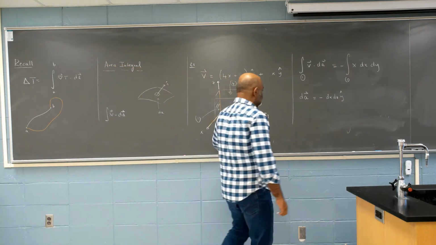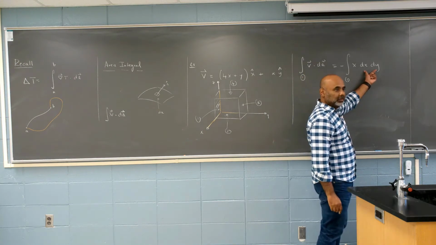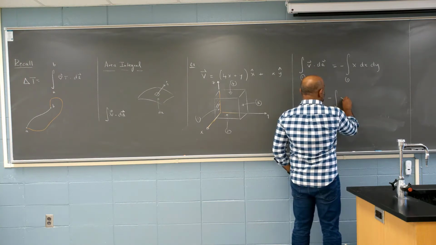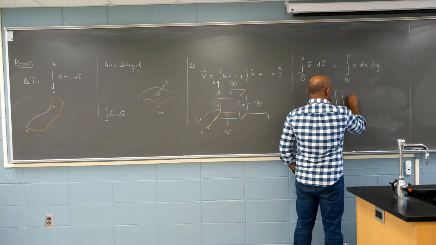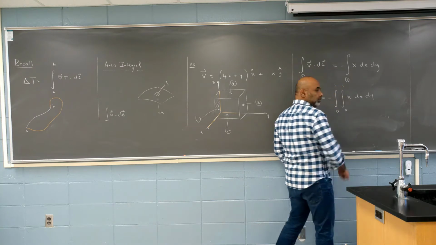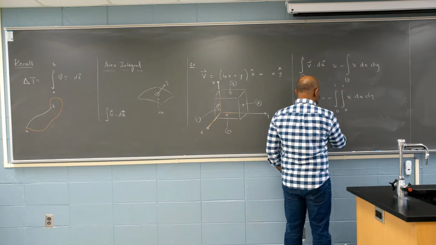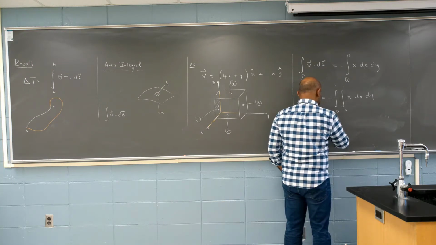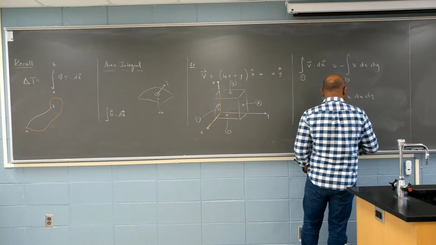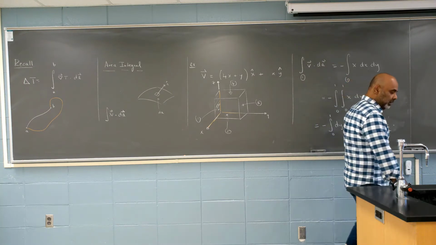Okay, so let me continue here. Now I'll show you that this is a double integral when I write it this way. So I should really write it as minus, and I would get minus, let me do this one first, 0 to 1, x dx, 0 to 1, minus 1/2. Please verify.